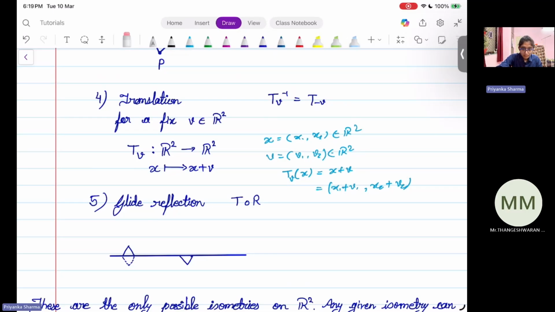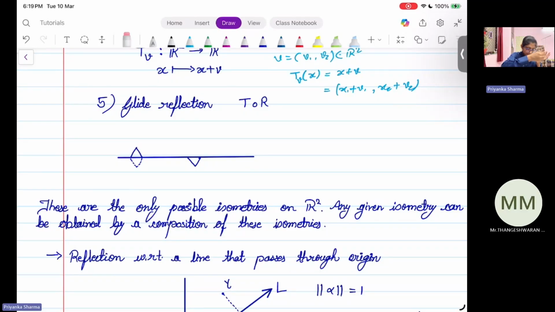First, we are applying this R. We are reflecting it and then we are translating it. So this will be the final position. So actually the transformation of this element is this one. And this is composition of two transformations or two linear maps or two isometries actually. Like composition of reflection and then composition of translation.